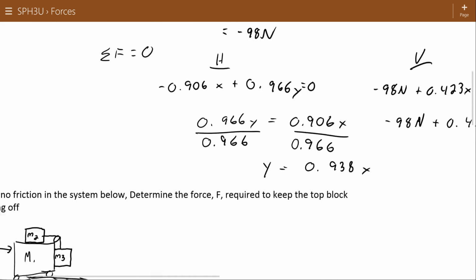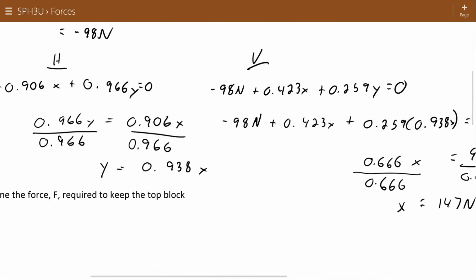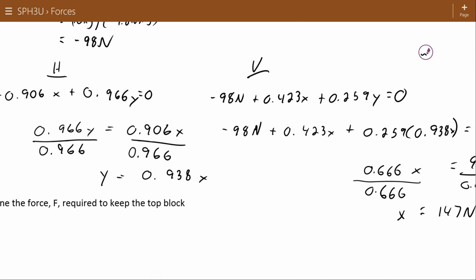That's in the x wire. That's this guy. I'll substitute into this equation to get the y wire. So that's 138 newtons.